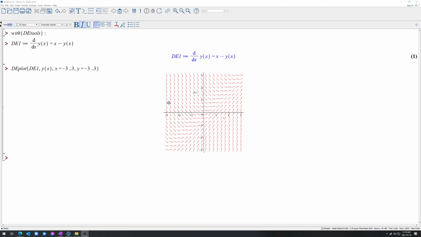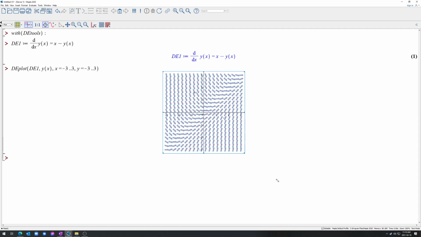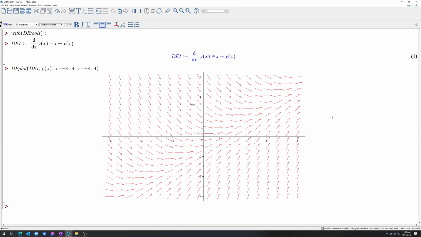And you can always customize this graph to have more. Maybe we'll just zoom in here a little bit or make this graph a little bit larger. Now you can see that I have downward sloping arrows whenever dy/dx is negative, and that's going to happen whenever the y value is larger than x. So here I have negative x values and positive y values, so that's always going to be sloping downwards.